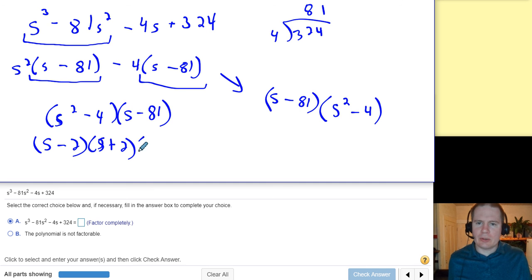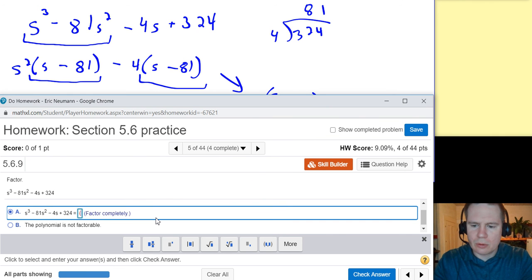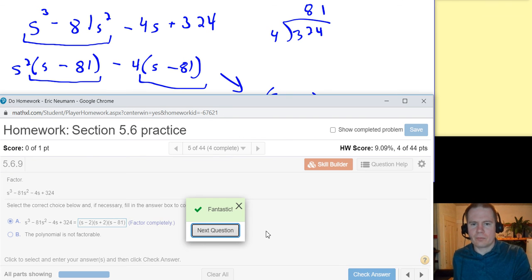Plain s is not a perfect square, so that just stays s minus 81. And again, the order doesn't matter here. So s minus 2, s plus 2, s minus 81. Fantastic.